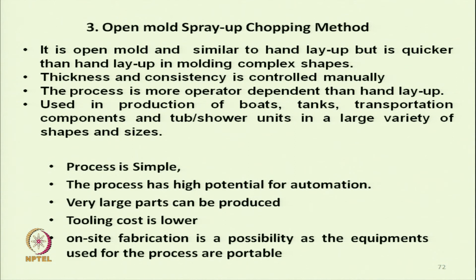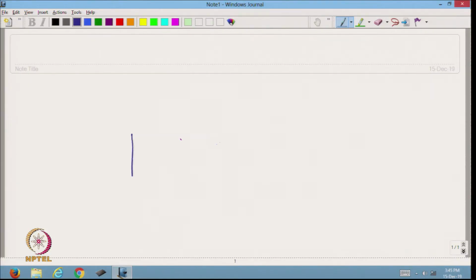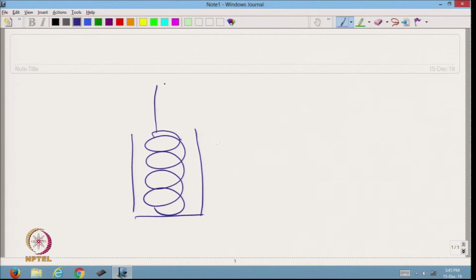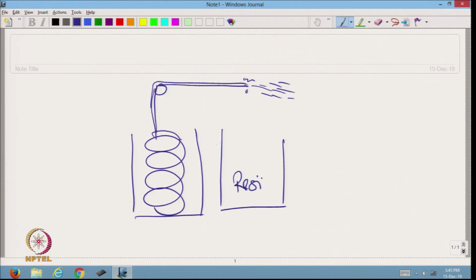So, here we can see, suppose this is a roving package, say glass roving or anything. Here there will be chopping, it is chopped, and then this is the resin.